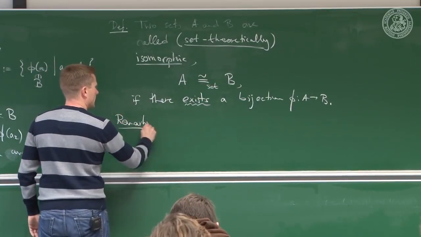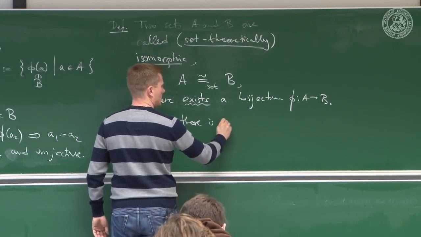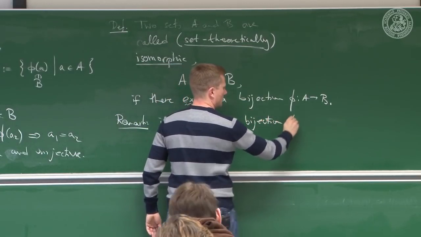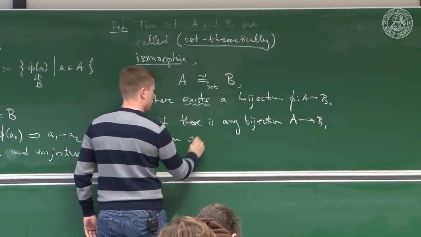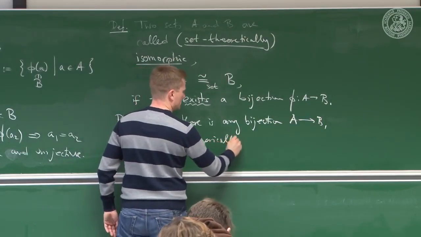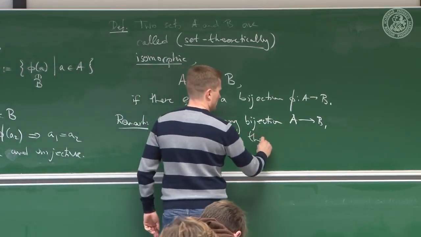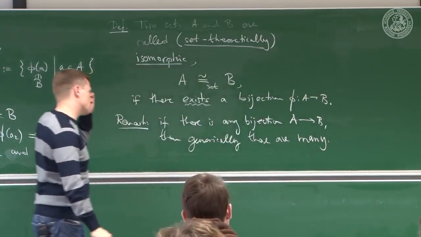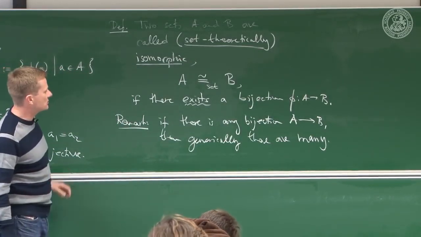An important remark is, if there is any bijection at all from A to B, then generically, that means only in exceptional cases it's not the case, there are many. That means there is not a unique such bijection. The whole criterion is that there exists such a bijection.